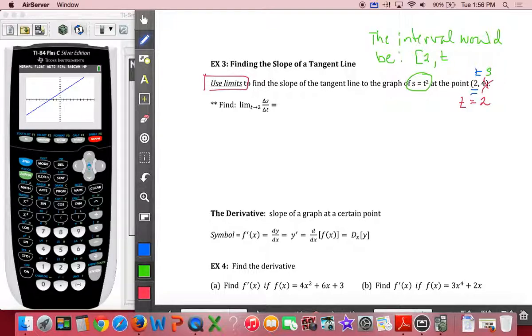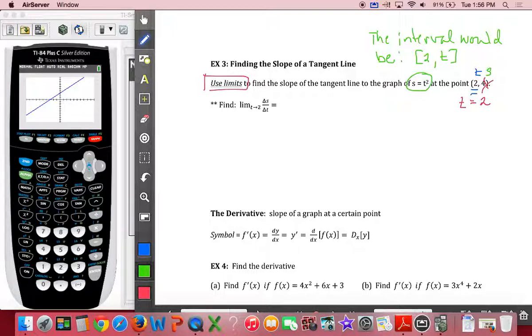Very good. Does everybody understand that? We're approaching 2, and so that's the start of our interval, and we want to go to some time to the right. So again, you could choose 2.5 and find your change in position divided by your change in time, and then you could go to 2.25 and so forth, but why not use limits?